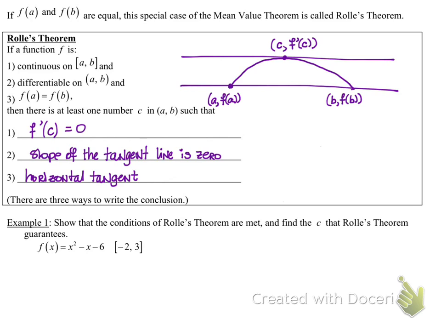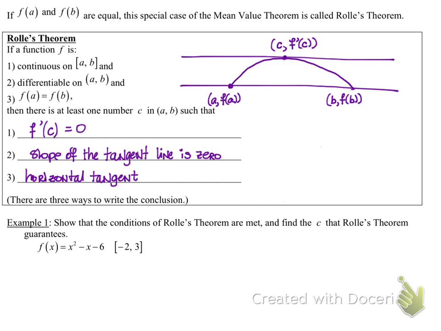So we hop down to example 1, and we need to show that the conditions of Rolle's theorem are met and find the c that Rolle's theorem guarantees. It is important that you state that the polynomial is continuous everywhere. Therefore, f of x is continuous on the closed interval from -2 to 3.